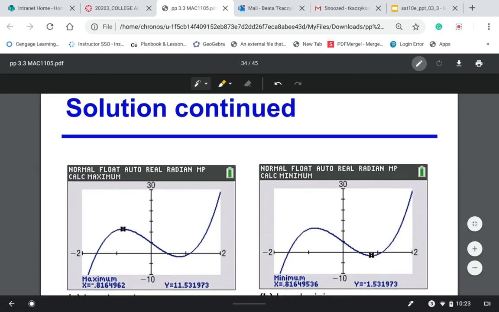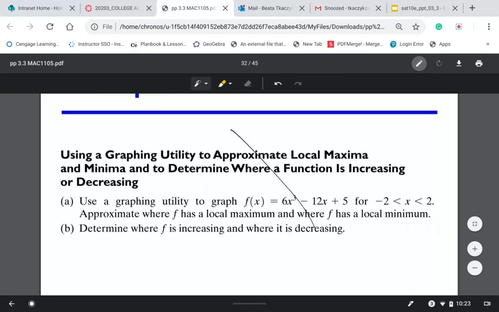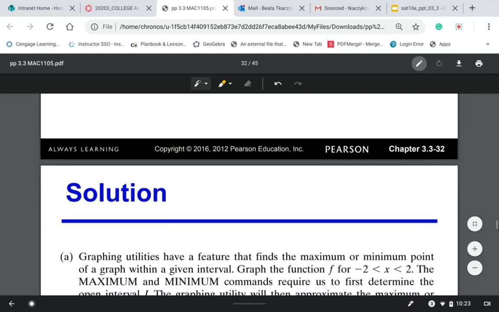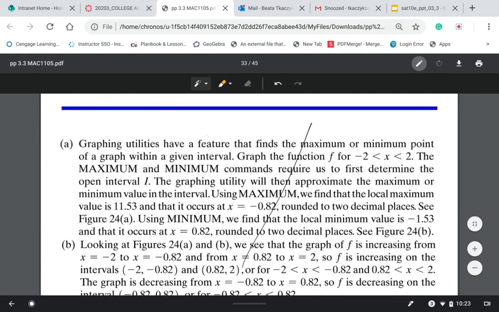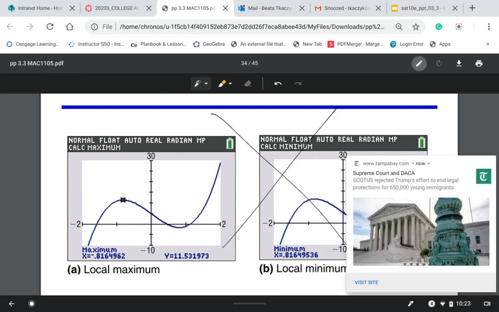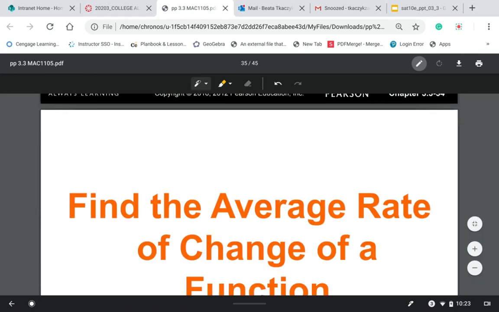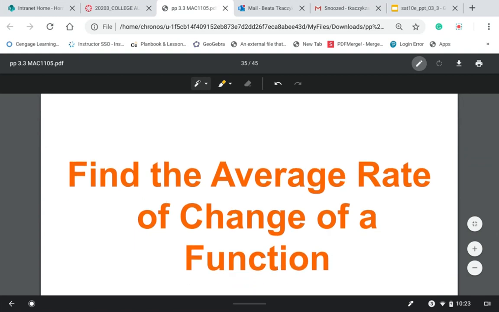We're not using that in this class, so I'm skipping this part, because graphing calculators are not required for this class. Those who have a graphing calculator can read it and try it.